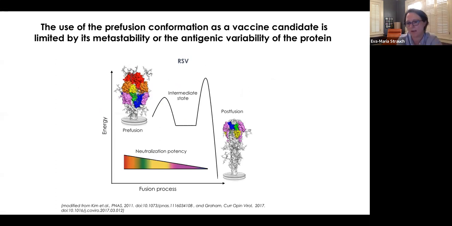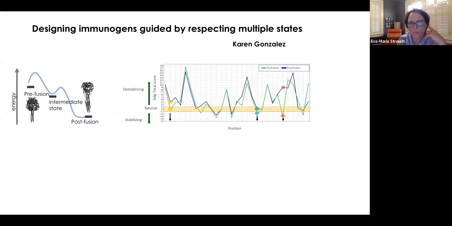So again, thinking about this in the background, we want to stabilize the pre-fusion part. So we went ahead and looked at what mutations do on either conformation, and then we get a pretty nice difference between post- versus pre-fusion, and identify relatively easily which one stabilizes which conformation well.